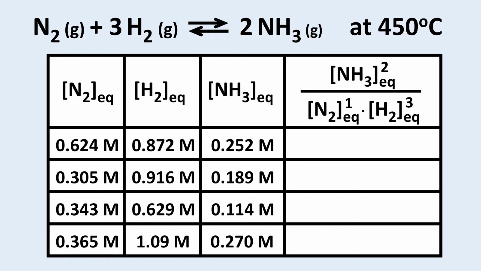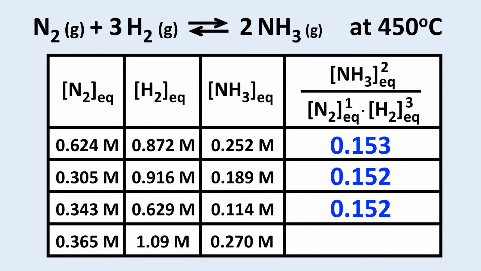If we make a ratio of the concentration of ammonia squared at equilibrium over the concentration of nitrogen times hydrogen cubed at equilibrium, we find the following. We get 0.153 for experiment 1, 0.152 for experiment 2, 0.152 for experiment 3, and 0.154 for experiment 4.